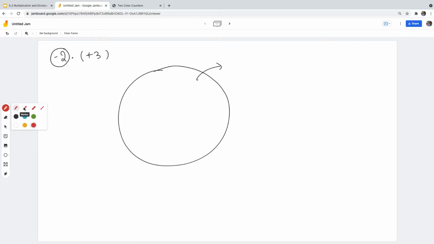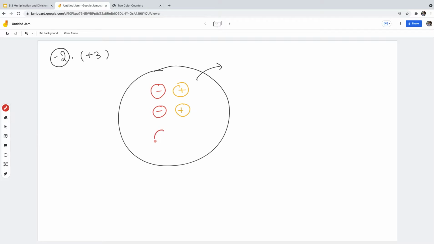So I'm gonna use these two different colors, okay? If I have one negative and one positive, they compensate each other, so that's the same as 0. If I add another positive and another negative, it's still 0, right? They are compensating.